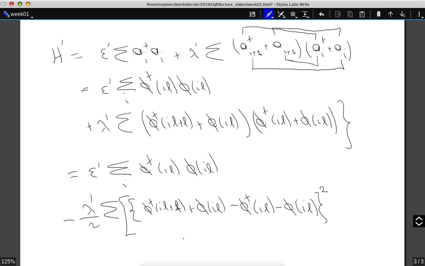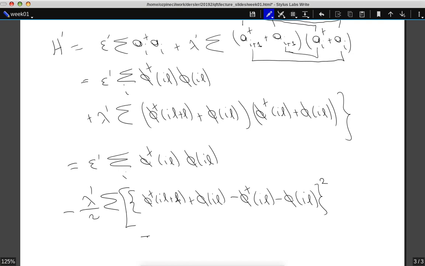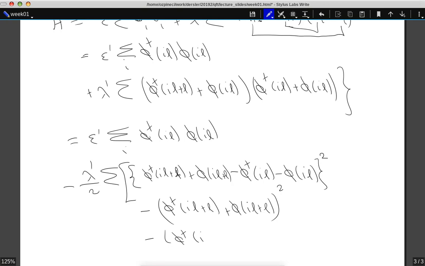Now, when I take the square of this thing, I get an extra term, phi dagger at iL plus L, plus phi of iL plus L, squared, minus another additional term, squared.